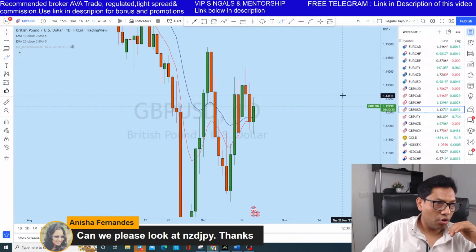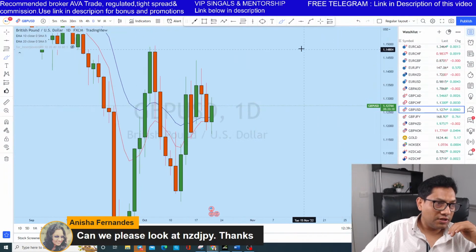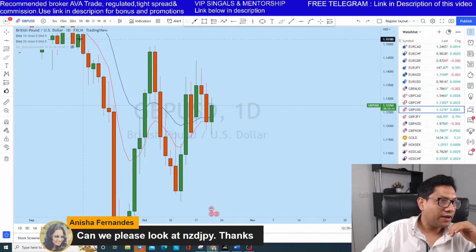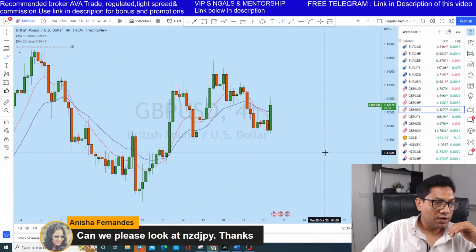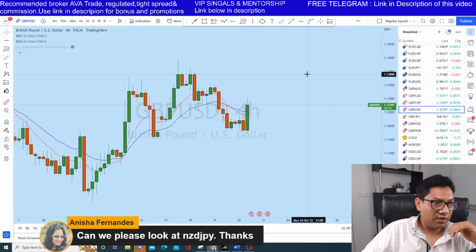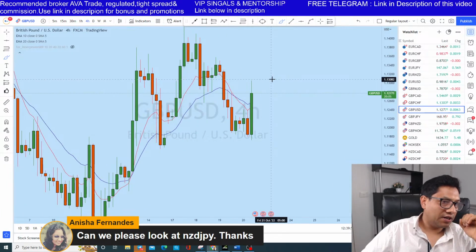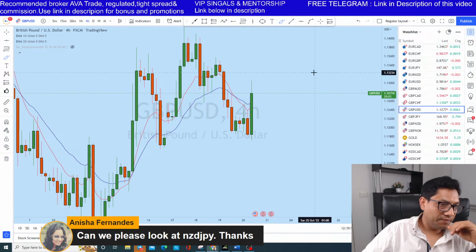Looking at GBP USD, I think that if the gold drops, GBP USD also should be dropping, and I do not think that GBP USD will go up this way. It's a spike for the news, and after this spike, as I mentioned yesterday, during this GBP drop there was likely to be a spike.